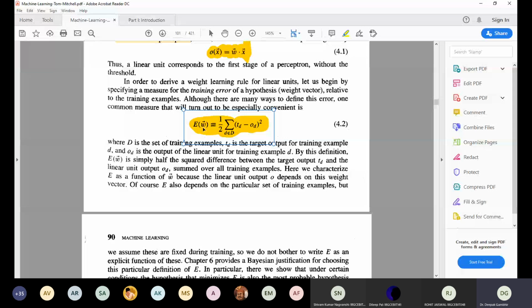The error for the weights is given as the sum of target minus output whole squared. The 1 by 2 is immaterial here, because it is the sum of squares anyway, but for some mathematical computations we will take it as a half.